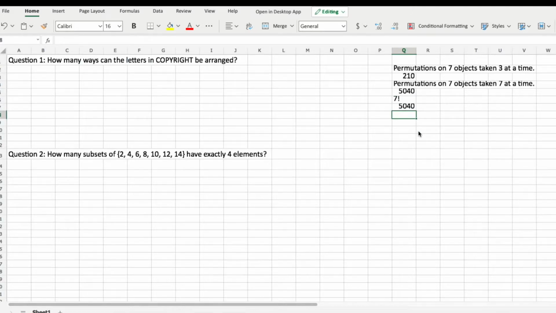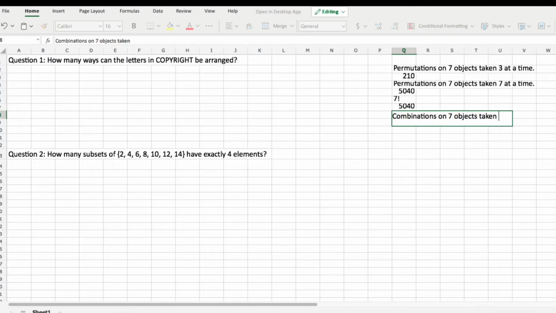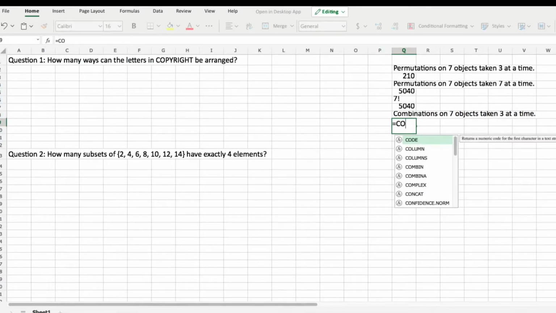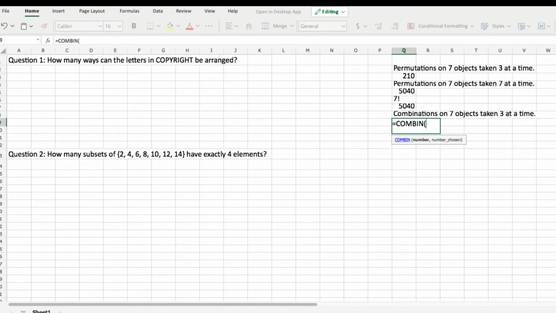Okay, so now, what if we wanted to talk about combinations instead of permutations? Remember that with combinations, the order doesn't matter, and so the numbers are always going to be smaller. So in this case, we would know that it should be less than 210. Here I'm typing in combin, short for combination, and then in parentheses, again, 7 comma 3, because it's 7 objects taken 3 at a time.